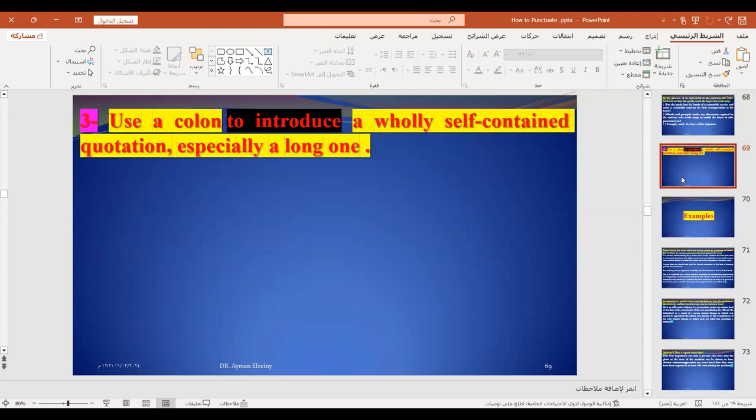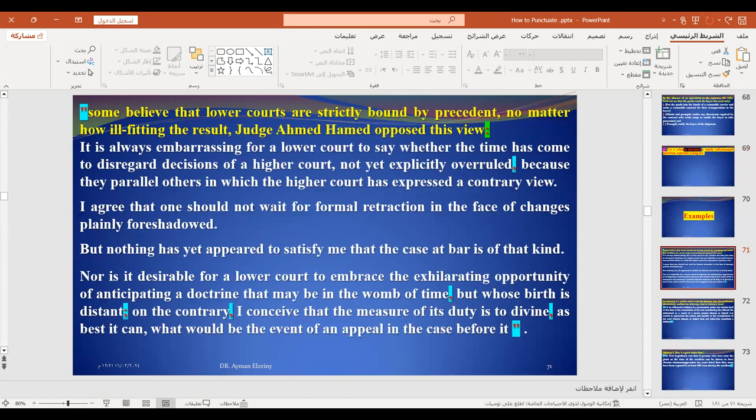Now we come to the third usage. Use colon to introduce a whole cell containing a quotation, particularly a long one. For example, if you want to write the following sentence: Some believe that lower courts are strictly bound by precedent, no matter how ill-fitting the reason.